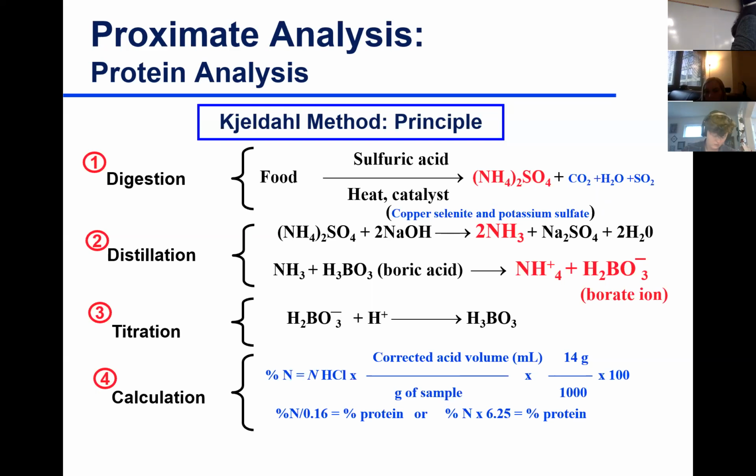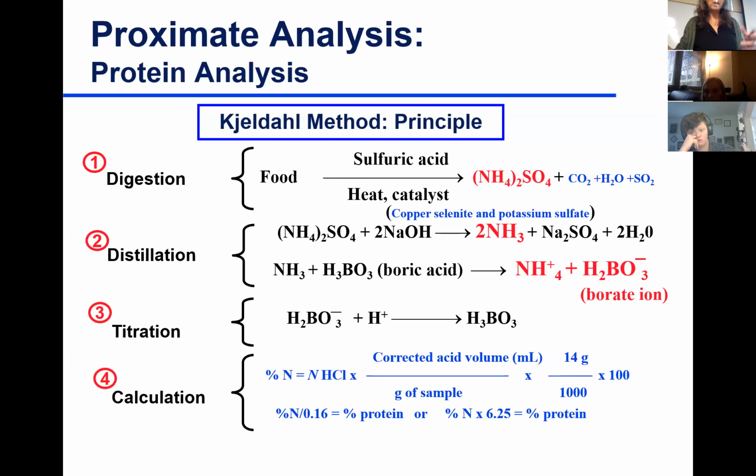So the first step is the digestion step. It's a very critical step because here you have your food sample, and you weigh a certain amount of sample. It might range anywhere between 0.1 to 2 grams. It really depends on the capacity of your system, how big the tubes are.